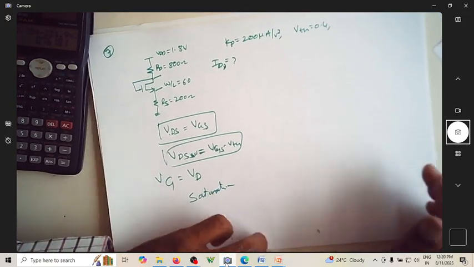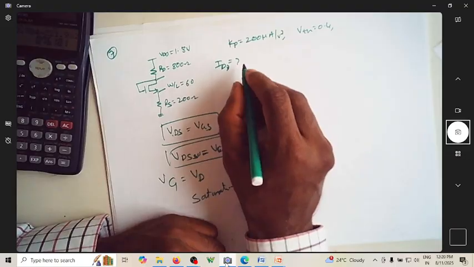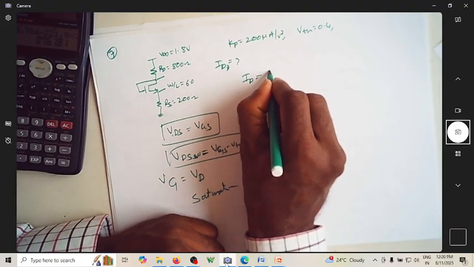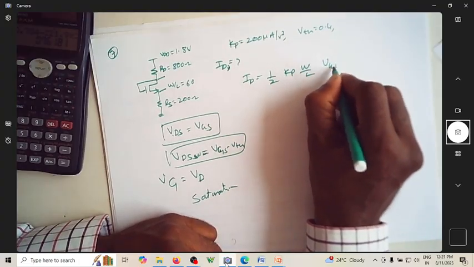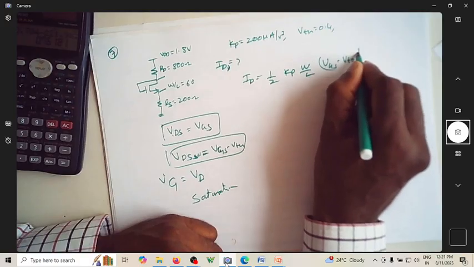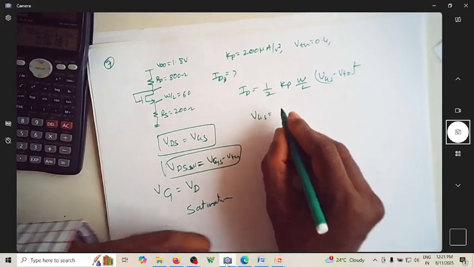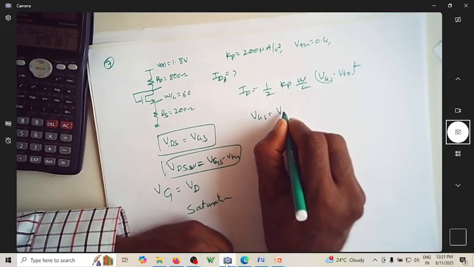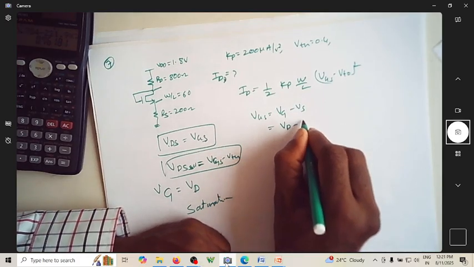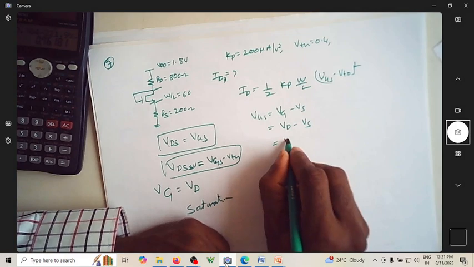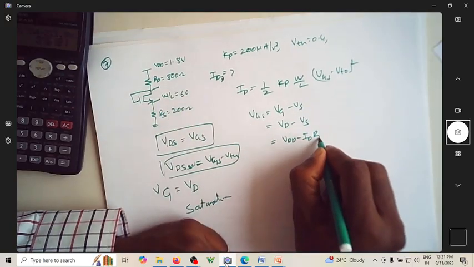So let us find what is ID now. We have the ID expression as ID is equal to half Kp W by L (VGS minus VTO) whole square. But VGS you can say as VG minus VS, which is nothing but VD minus VS, which is nothing but VDD minus ID into RD.